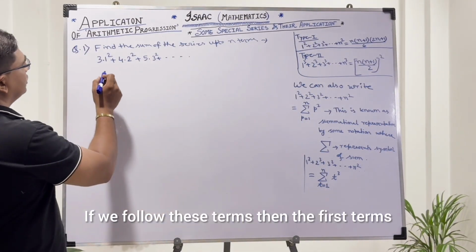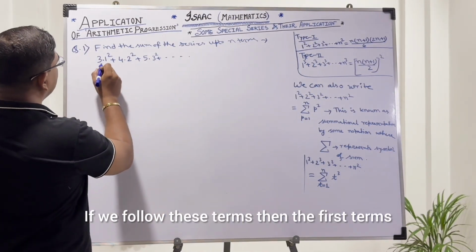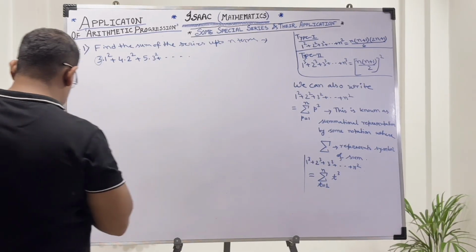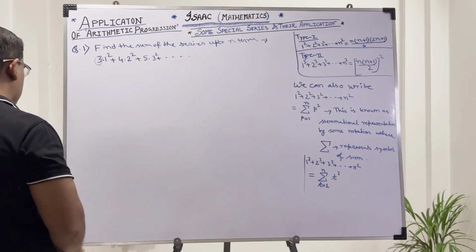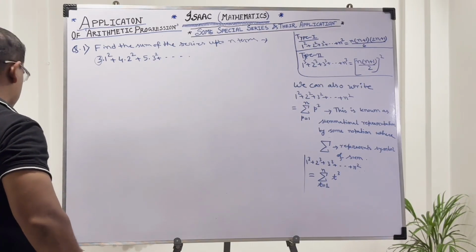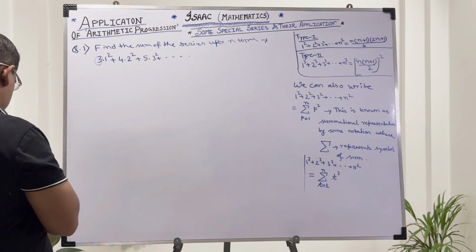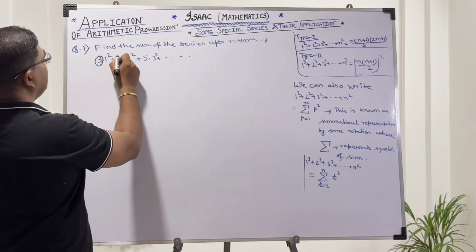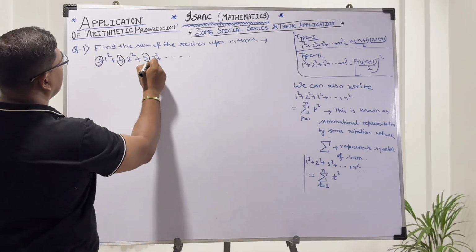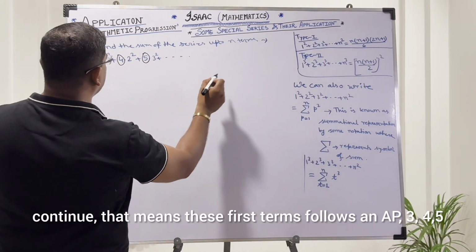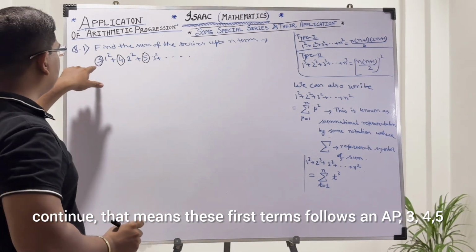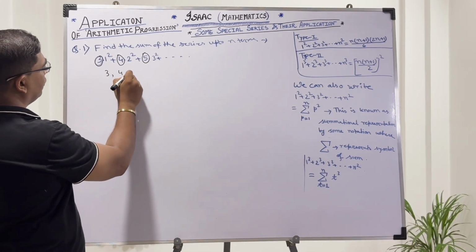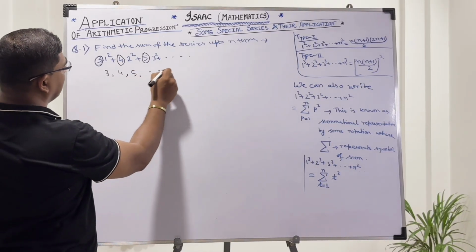If we follow these terms, then the first terms are 3, 4, 5, continuing. That means these first terms follow an AP, 3, 4, 5, continuing.